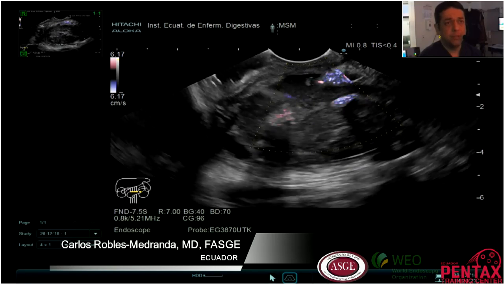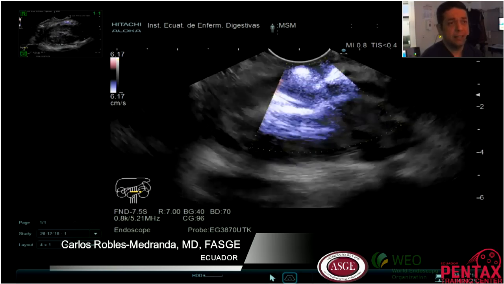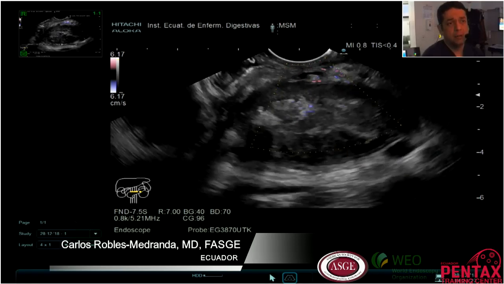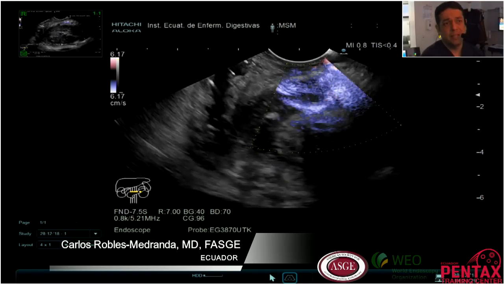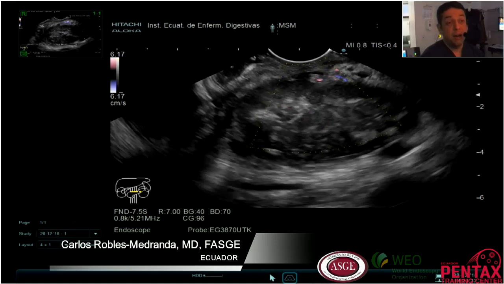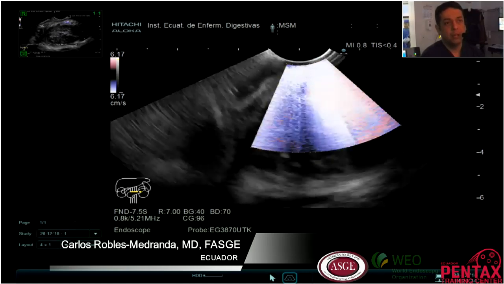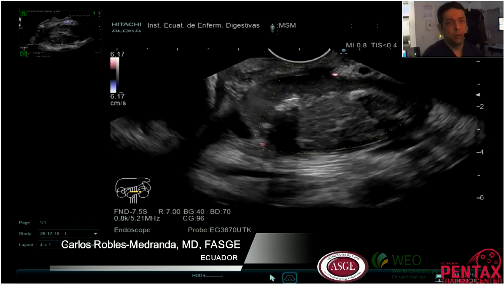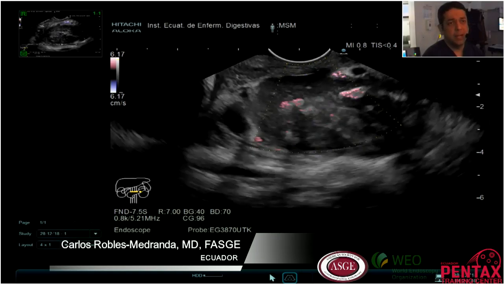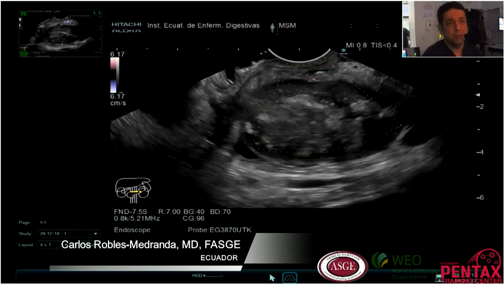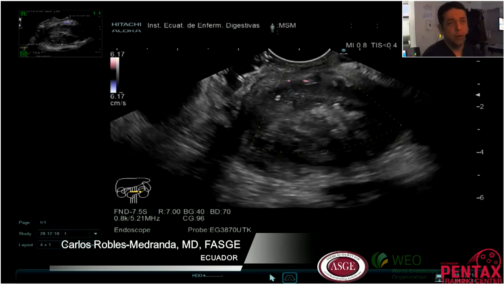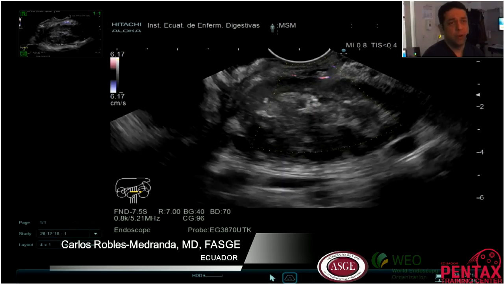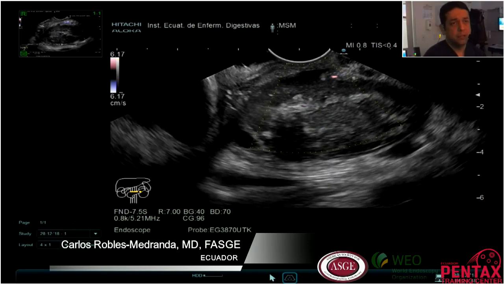But she had a second pancreatic crisis, and now she has a complication of this pancreatitis. So two crises, and now she has this complication, a pseudocyst with wall of necrosis, as you can see here.